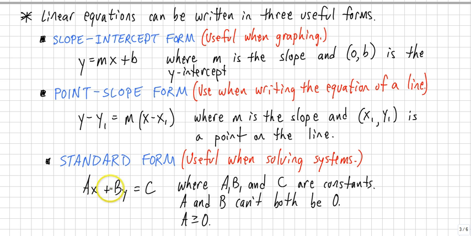A is the coefficient of x, B is the coefficient of y. And there's a couple restrictions. A and B cannot both be 0 at the same time because then we wouldn't have any variables. And we like to have the front number be positive. The front number could be 0 too, but we don't like it to be negative. So these first two we're going to use quite a bit.